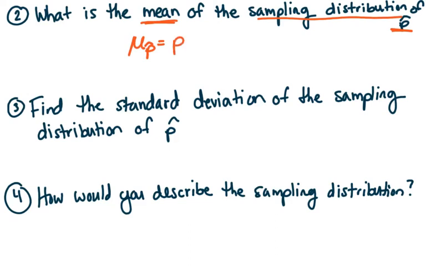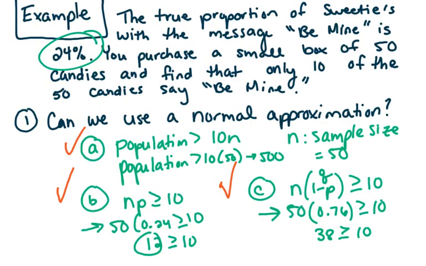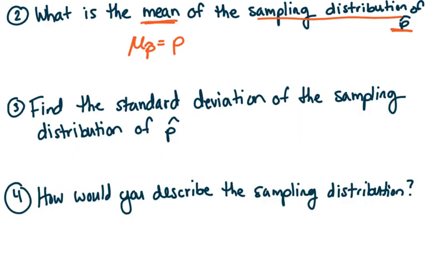And so going back to our problem, it says that the true proportion of sweeties is 24%. And so my P is 0.24. So the mean of P hat is 0.24.